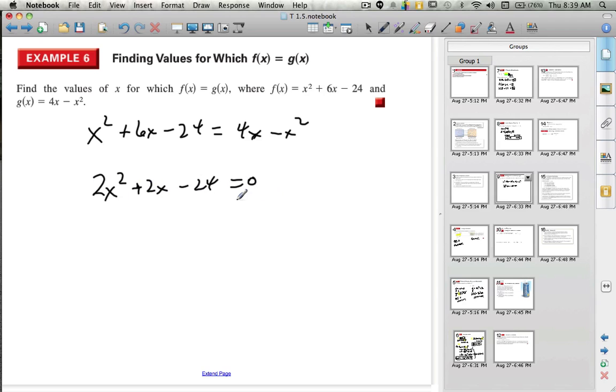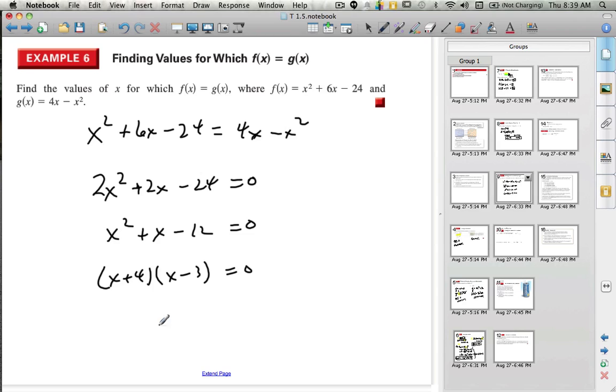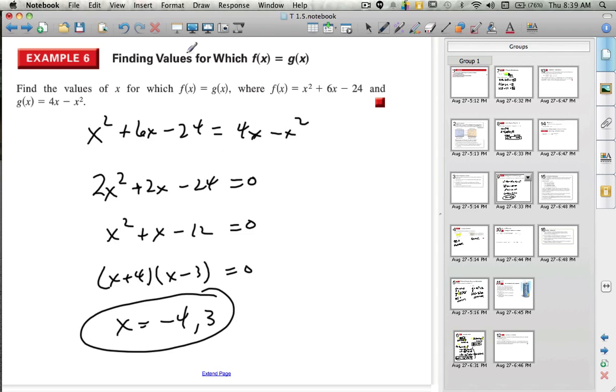The first thing I do is factor a 2 out of everything, so x squared plus x minus 12. I want factors of 12 that have a difference of 1. That's 3 and 4, and the 4 has to be positive, so it's x plus 4 times x minus 3. My solutions will be -4 and 3. So for these two values, f of x will equal g of x.